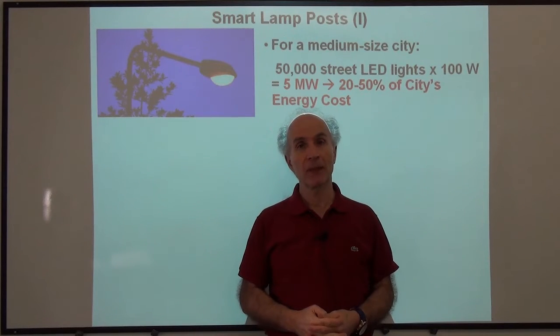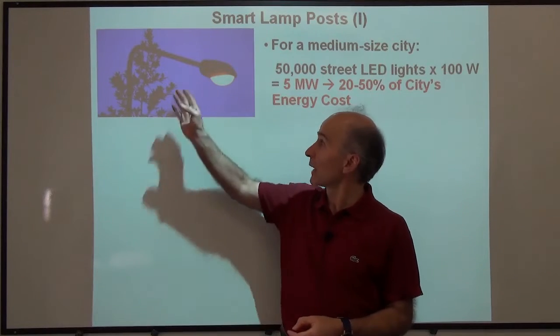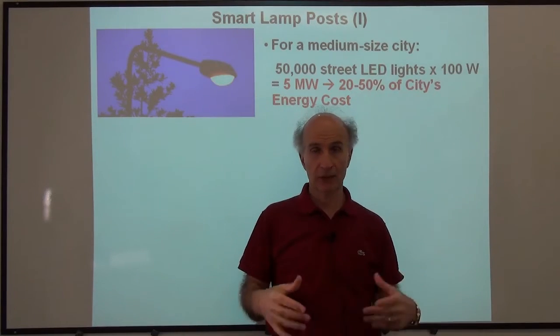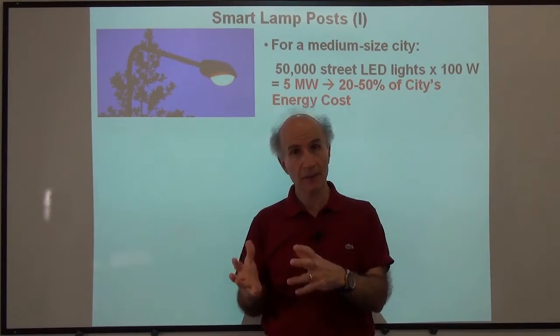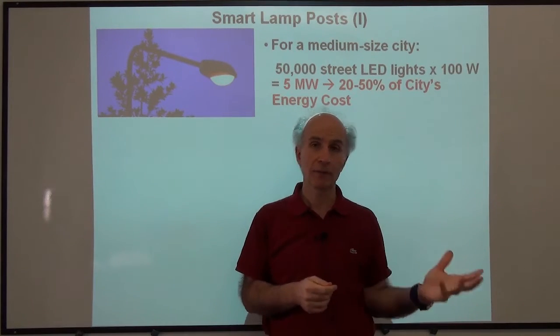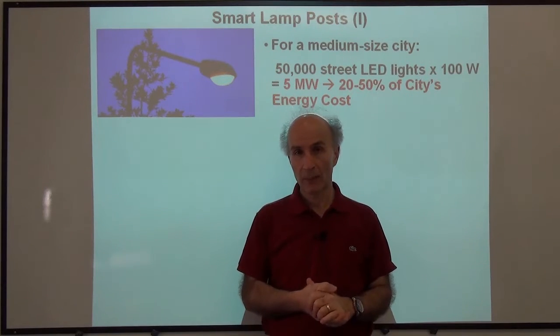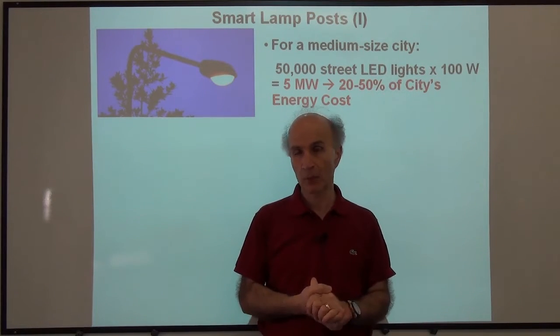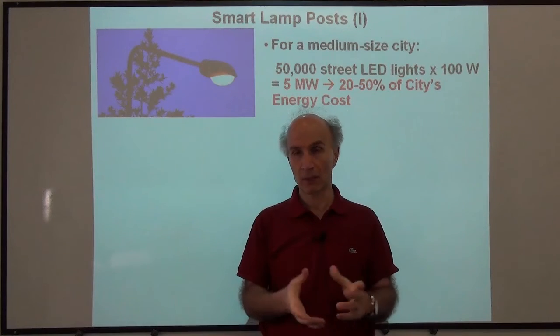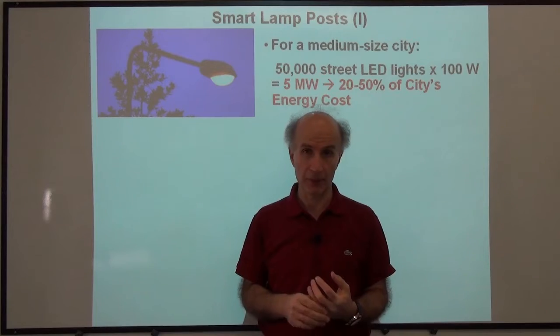Let's talk about something that we see every day, the lamp post. We know that we have lots of lamp posts that turn on at dusk when the sky is getting dark, and then they turn off at dawn when the sky is turning light. How much power do these lampposts consume in a typical city? Well, we can do a quick calculation to get a feel for the numbers.